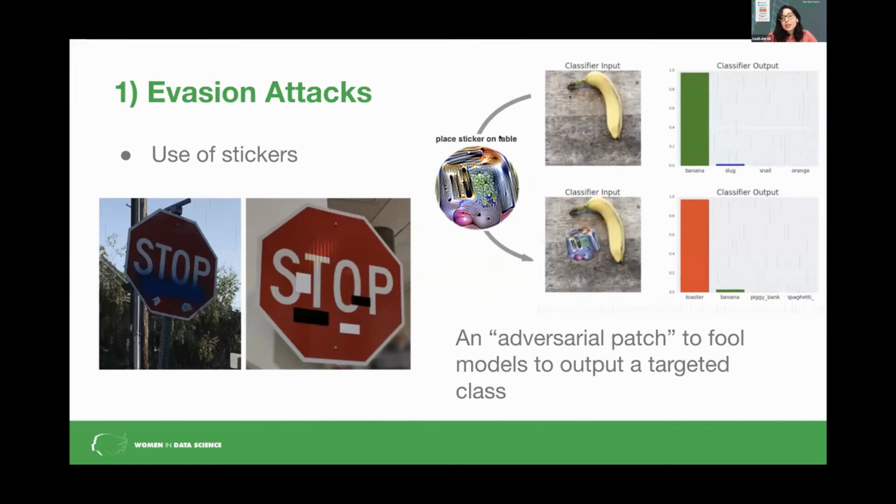So in here, with just the banana, the classifier classifies this accurately as a banana with a very high confidence rate. But when you put the patch on the image, the classifier classifies it as a toaster. And again, it has a high confidence level.